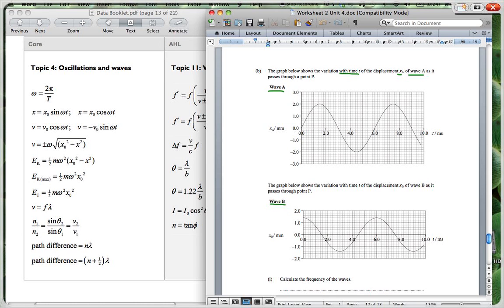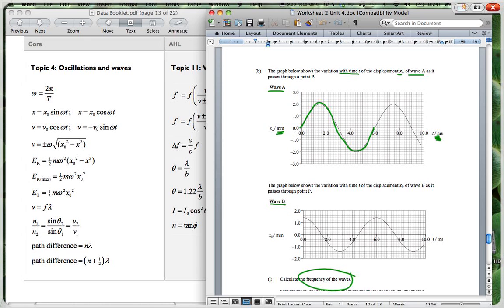Alright, so we have to calculate the frequency of the waves. We can calculate from this, we see that one wave occurs in 6 milliseconds. Now notice this, we've got millimeters and milliseconds, so we've got to be careful with these. A milli is times 10 to the negative 3.